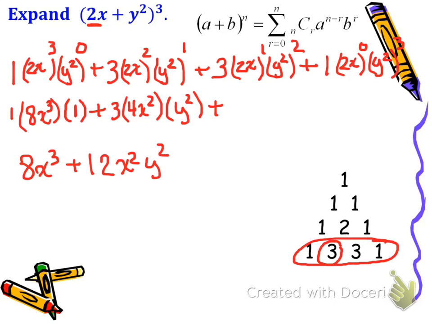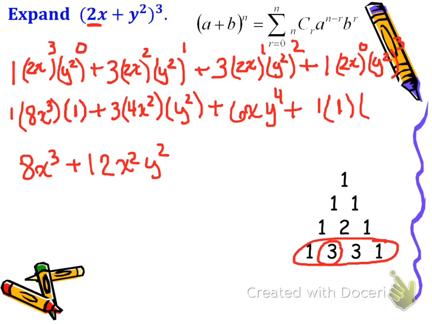Plus, for the next term, you have 3 times 2x to the first power. Well, 2x to the first power would just be 2x, so 3 times 2x would be 6x, times the y squared squared. Remember, you multiply those exponents, so you end up with y to the 4th power. Plus, in the last term, we have 1 times 2x to the 0 power. Remember, anything to the 0 power equals 1.